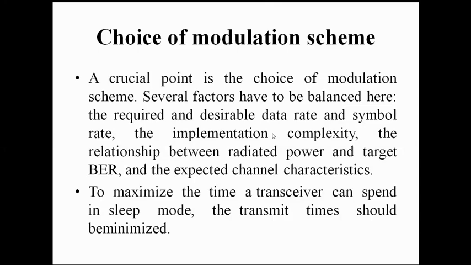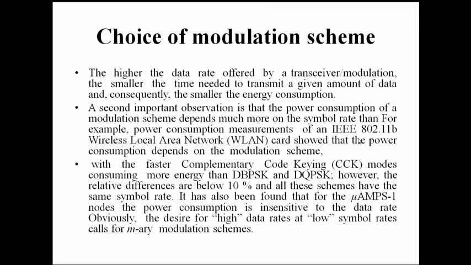Our first criterion is that the modulation should consume less power, which is our ultimate aim, and it should have very little interference. We analyze all the modulation techniques based on factors like data rate, symbol rate, and implementation complexity.